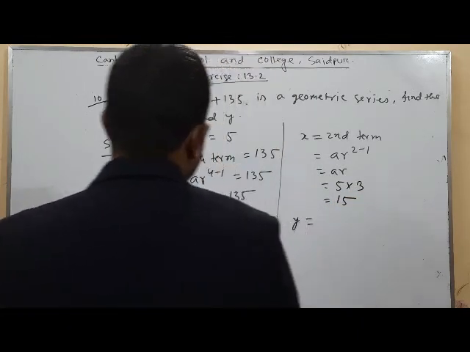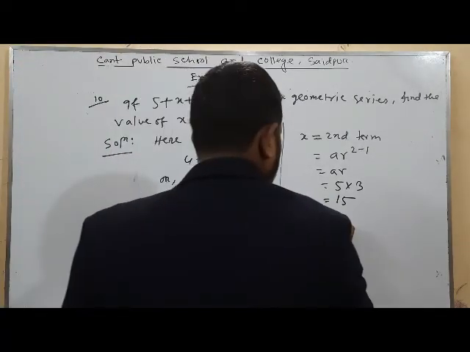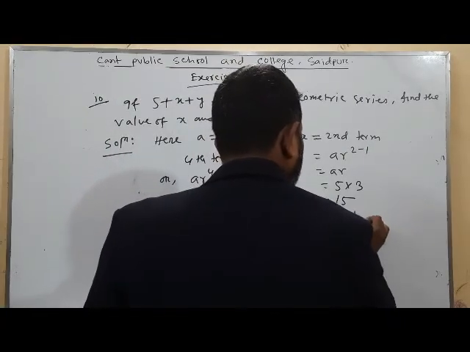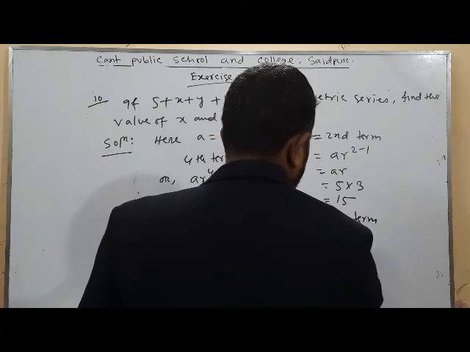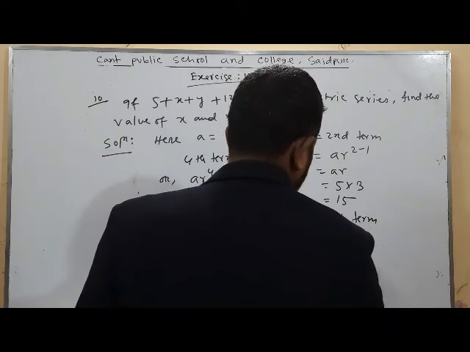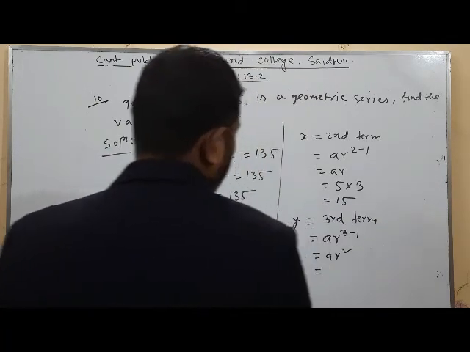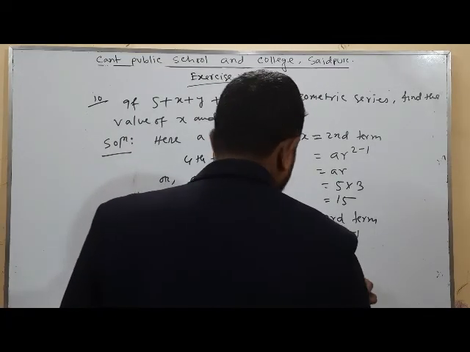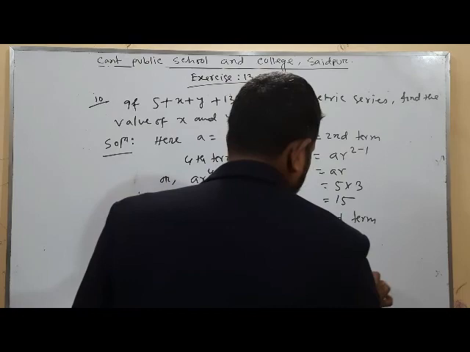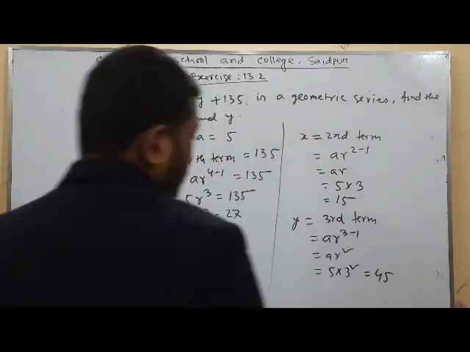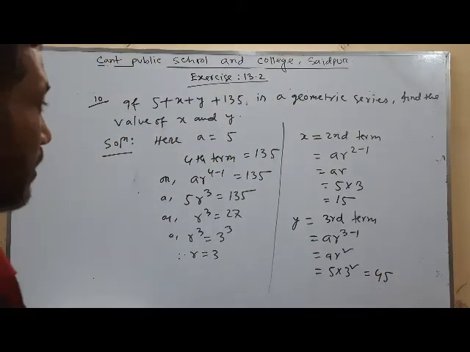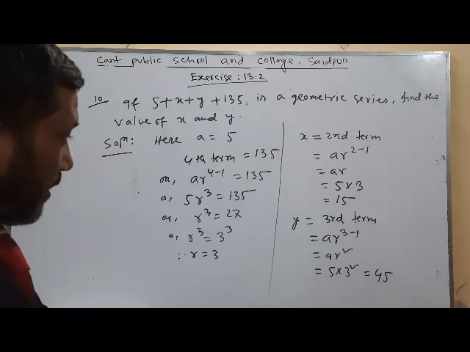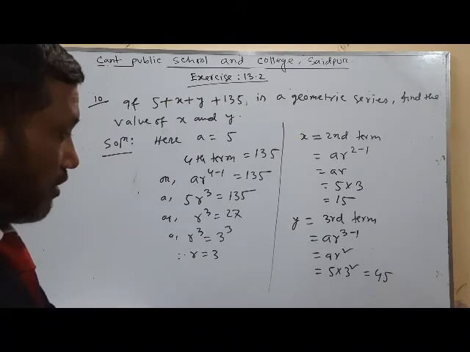And the value of y is the third term, a r to the power 3 minus 1, that is a r square. Here a is 5 and r square is 3 square, that is 45. We got the value of x as 15 and the value of y as 45.